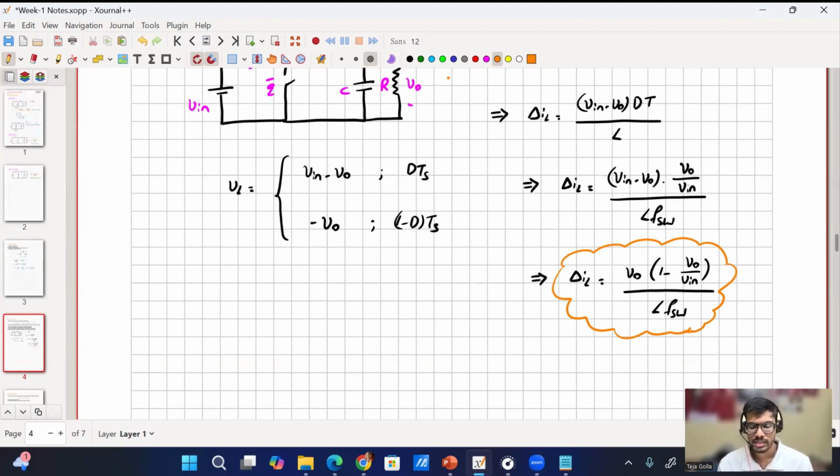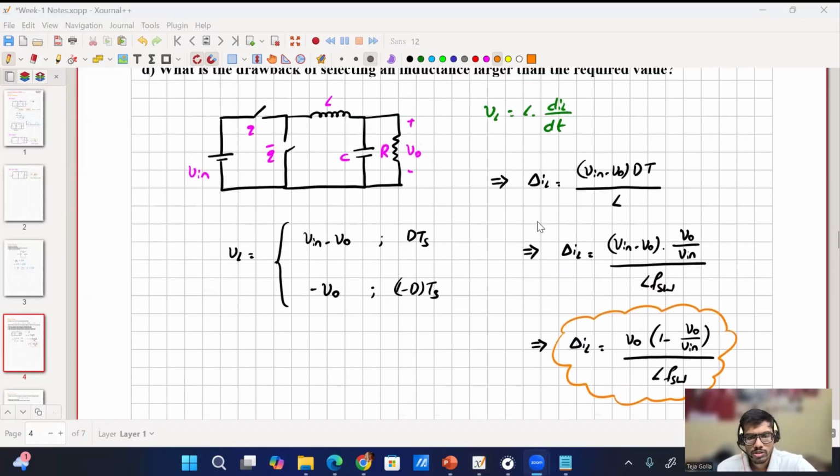Inductance is designed based on ripple, and R is user defined. We are making a power supply and giving it to the consumer, so the load will be decided by the application. But if you want to see where it starts continuous or discontinuous conduction mode, then we have to calculate the R accordingly.